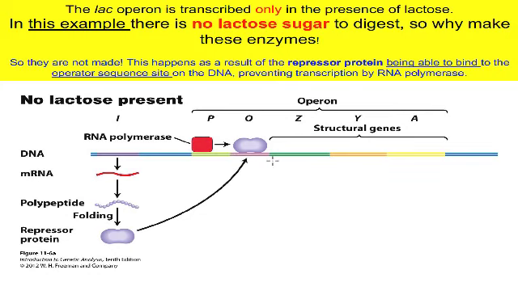However, at the same time, any repressor protein in the cytoplasm will be in a configuration where it has a liking for the operator sequence. So those molecules will bump into the operator, and through non-covalent bonding, the repressor protein will be found on the surface of the operator.